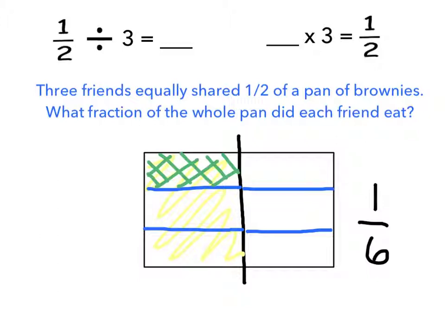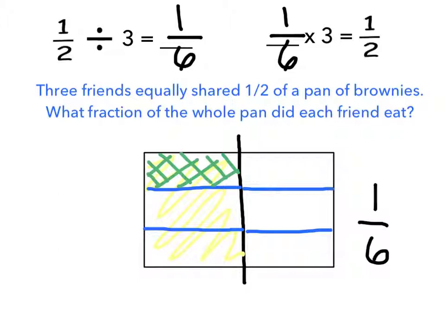So when I'm saying 1/2 divided by 3 equals 1/6, that's like saying if 1/2 of the pan of brownies is left and we're dividing that among 3 people equally, each person will get 1/6.